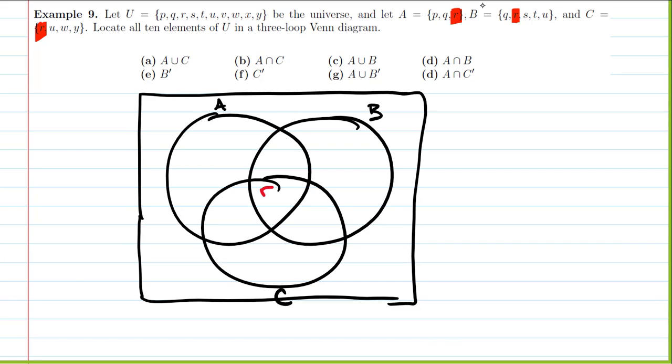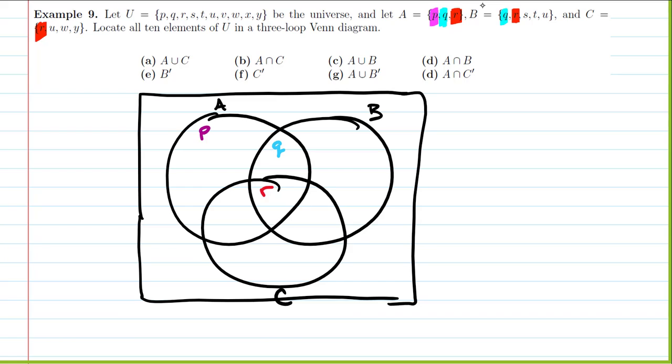Then I look at my next letter in A, which is Q. It is also in the set B, but it is not in the set C. So I need A and B, which is going to be up here. So that's my Q. And then I go to my next one, which is P. P is not in B, and P is not in C. So P is over here in A.